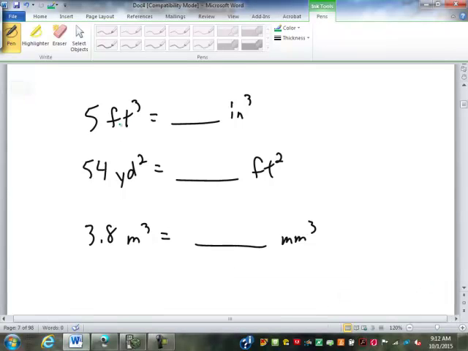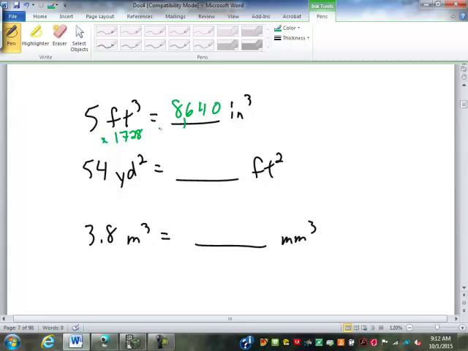Okay, so cubic feet to cubic inches, it's times what? 1728. So that's going to give us what? 8,640, does that look right?